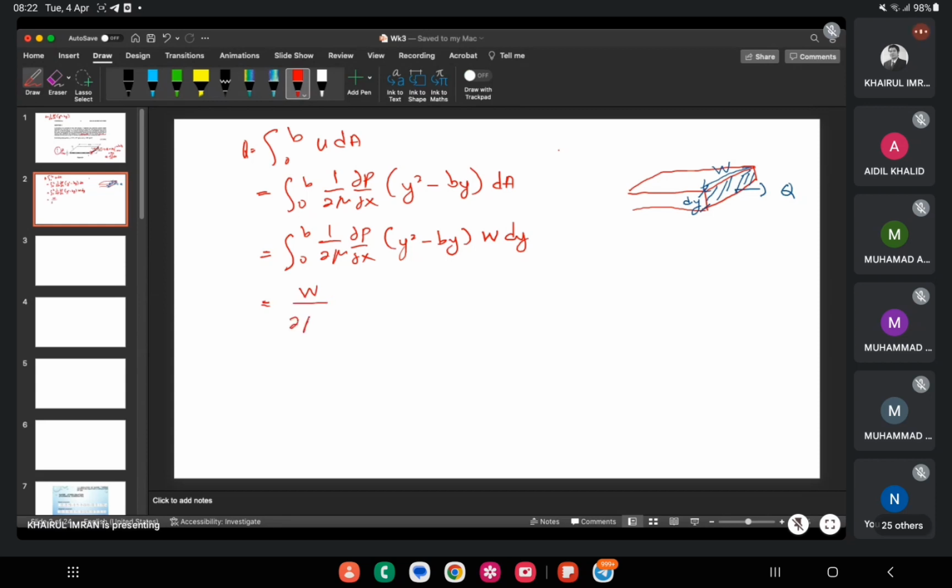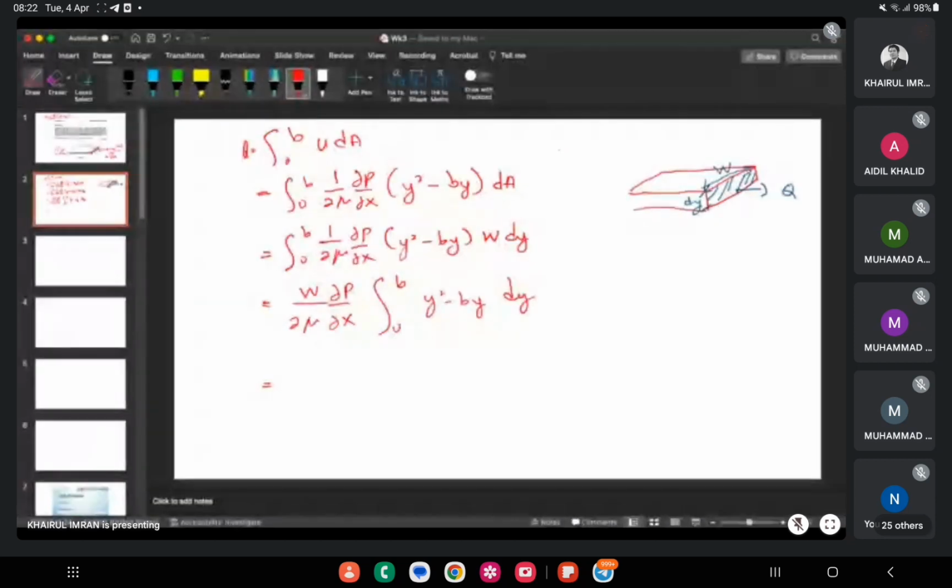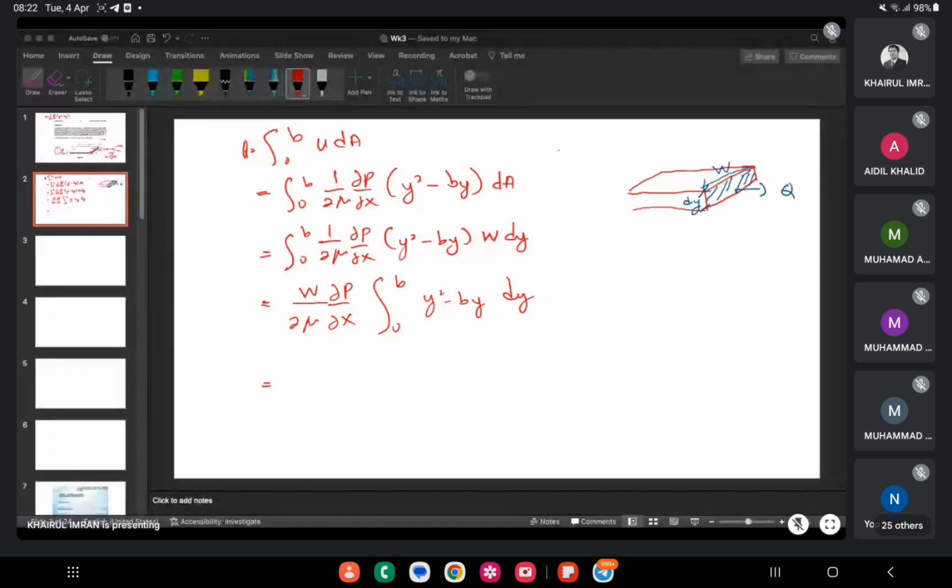So W divided by 2 mu del P over del X, from 0 to B, Y squared minus BY dy. Okay, so sekarang you solve kan, integrate this one. Right, cuba buat integrate y squared minus by and then solve in terms of b and kosong lah, from 0 to b.